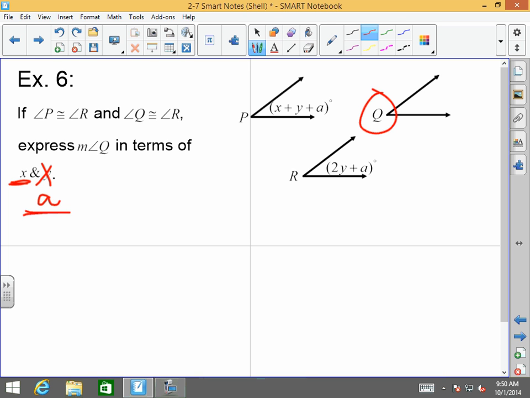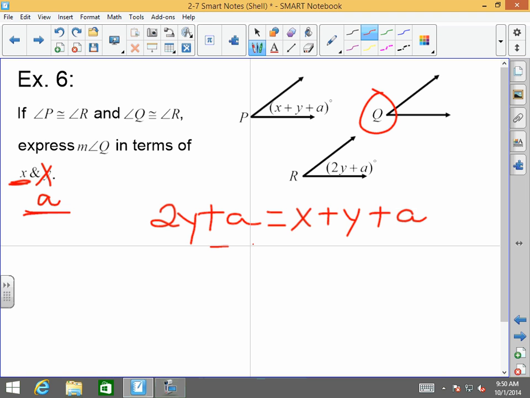I want to express Q only with x's and a's. So what I did first was I said, well, I know for a fact that 2y plus a equals x plus y plus a. That's a fact, right? But I want to replace the y's with x's and a's. So I'm going to solve for y right off the bat.